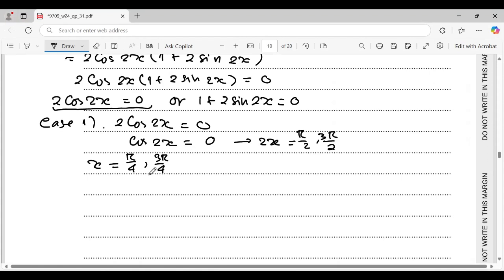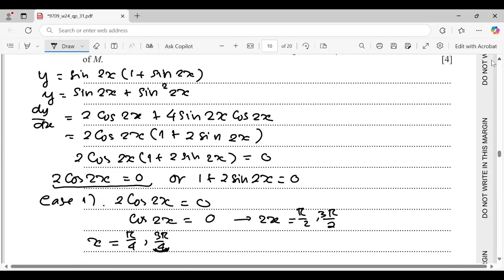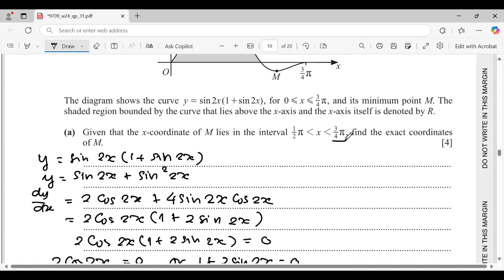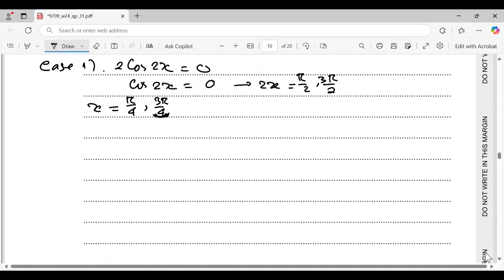If you look at this x, 3 pi quarter, it lies at the end point. So we cannot use that solution because this is at the end point.